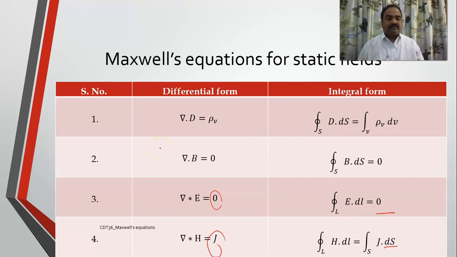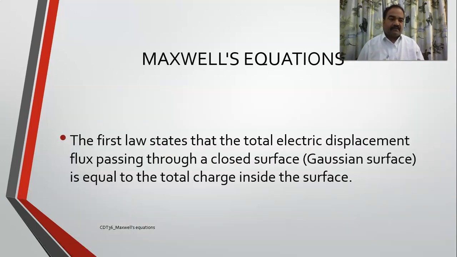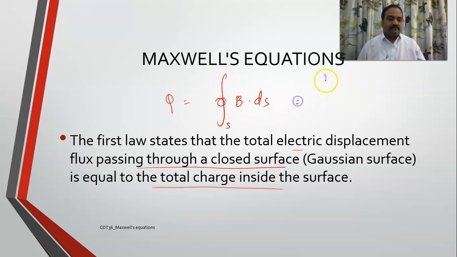So what is the significance of these equations? The first law, which is nothing but Gauss law, states that the total electric displacement flux passing through a closed surface is equal to the total charge which is enclosed by that surface. This is the first law.